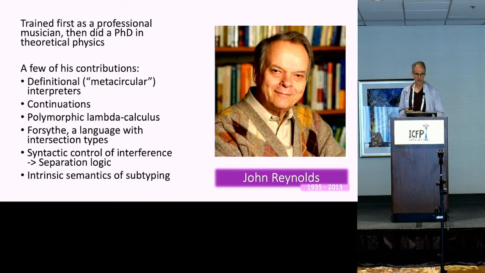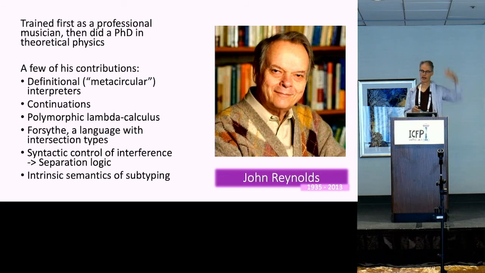John was trained actually first as a professional musician, decided to give that up and be a theoretical physicist, did a PhD in theoretical physics, and then somehow, I don't actually know this story, got drawn into computer science and became one of the very most influential sources of ideas.